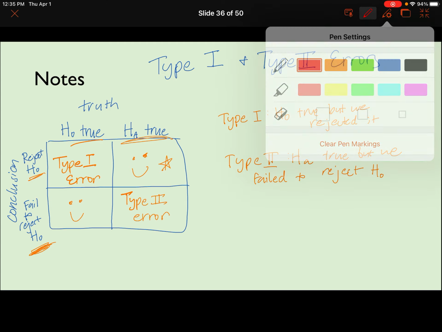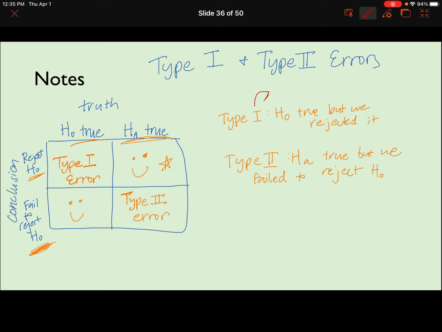Last thing in our notes for today is that the probability of a type 1 error is equal to your significance level. Cool, so that's it for notes.